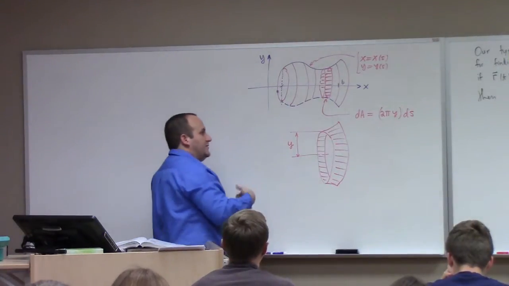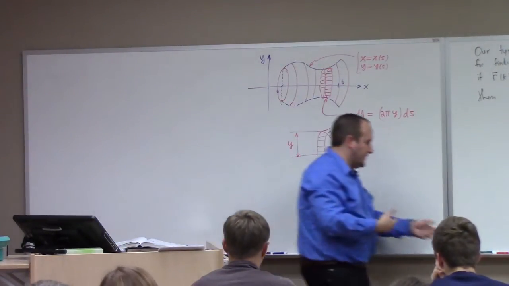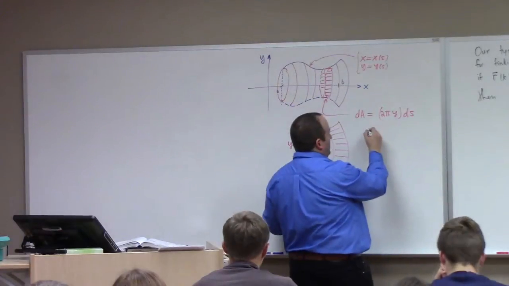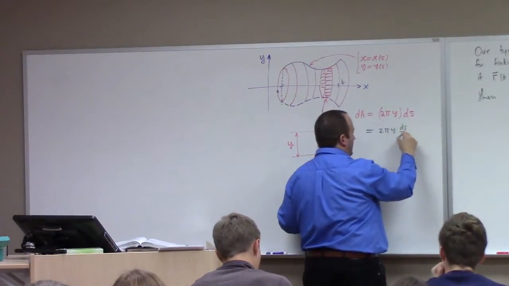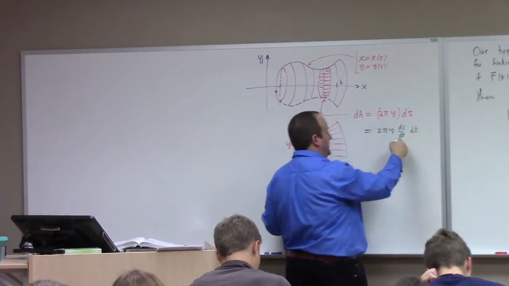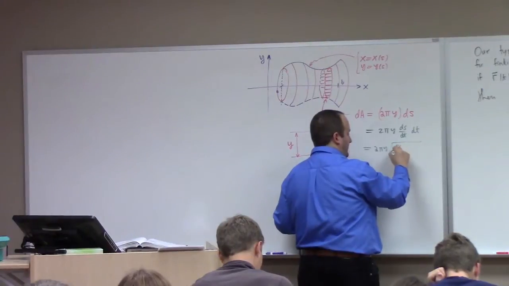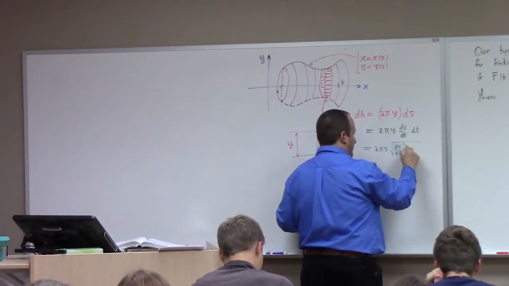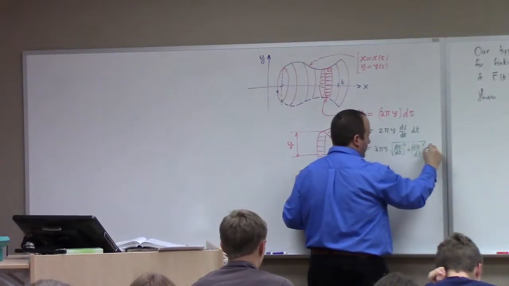Now, again, we don't want to actually calculate with respect to arc length, so we convert this to time parameterization by the usual switcheroo, which is 2 pi y times ds dt, but ds dt, of course, is what? Square root of dx dt squared plus dy dt squared, dt.